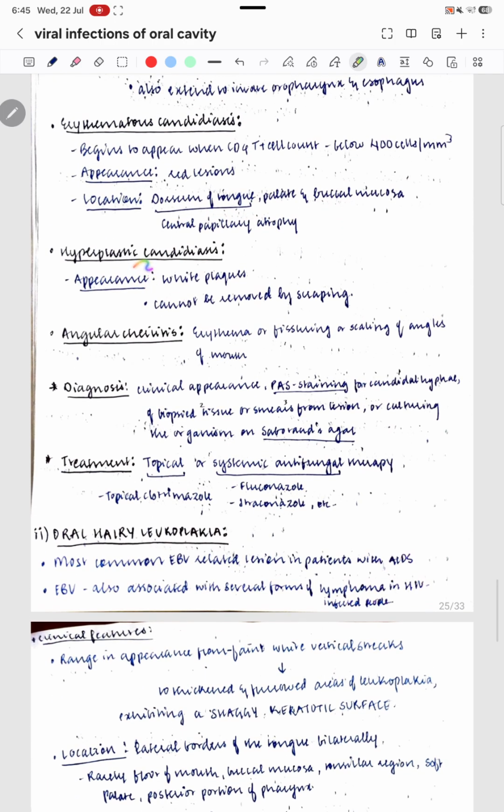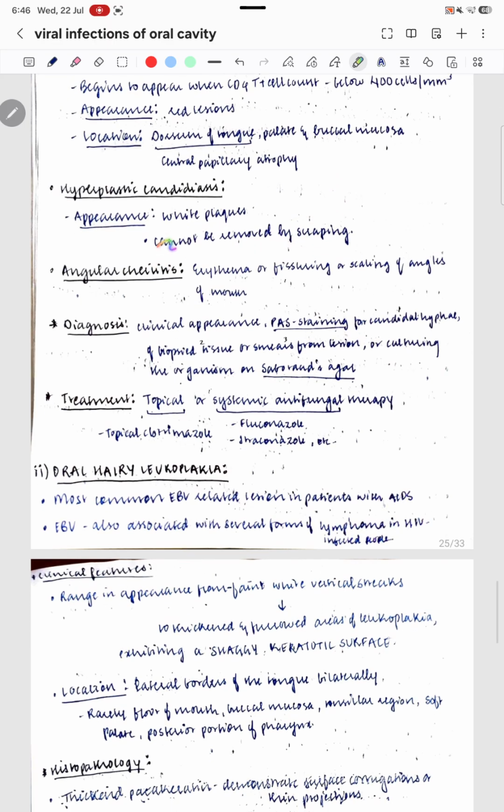Now, what is hyperplastic candidiasis? It appears as white plaques that cannot be removed by scraping.